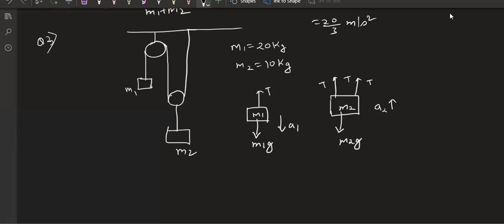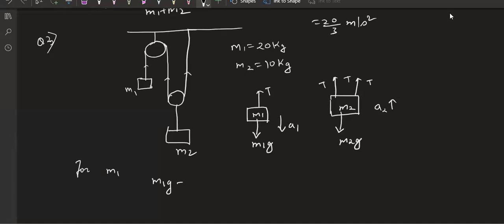This is the free body diagram. On mass M1, M1g downward, tension upward. I'm considering the acceleration A1 to be downward. On mass M2, there will be two tensions in upward direction because we have two wires. Now write the equation. For M1, it is M1g minus T is equal to M1 into A1.